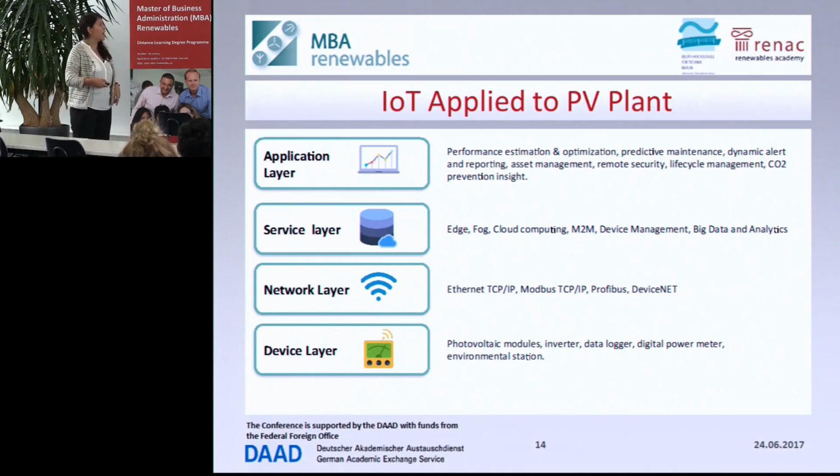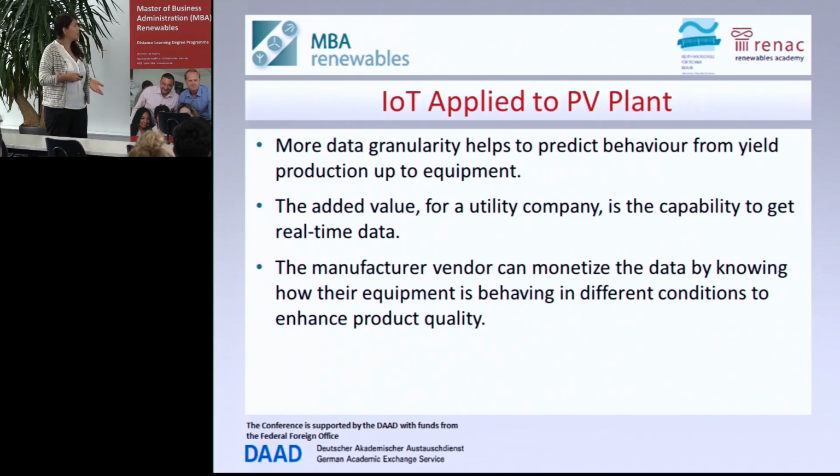So this is why big data helps us to manage all this amount of information. And some of the applications that are available are performance estimation, optimization, predictive maintenance, and also dynamic alert and reporting, remote security, life cycle management, and prevention insight, and of course the prediction of the marketing.